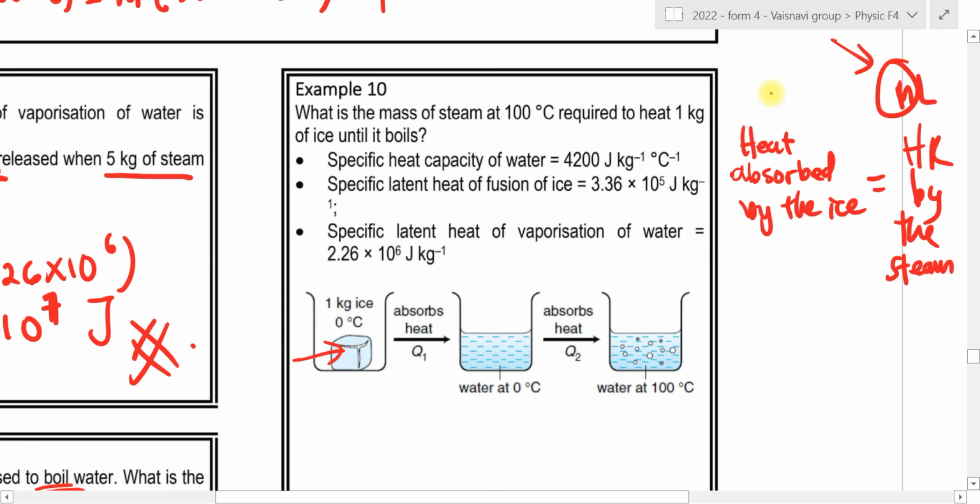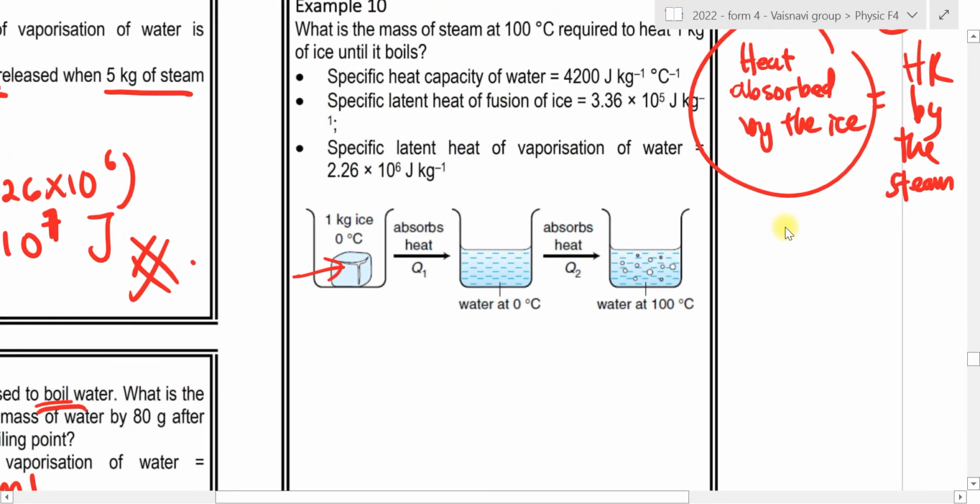So that is the point of the question. Before we calculate the mass of the steam, we need to know how much heat is absorbed by the ice, which is equal to Q1 and Q2.